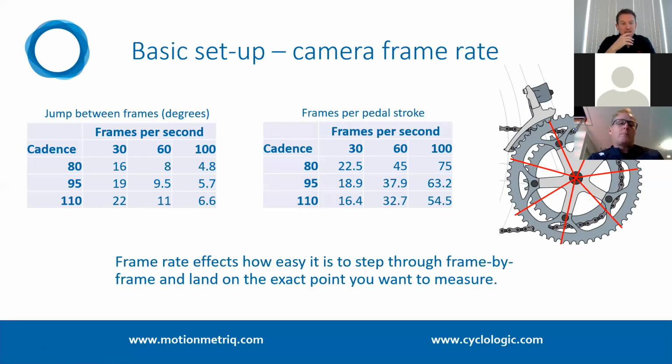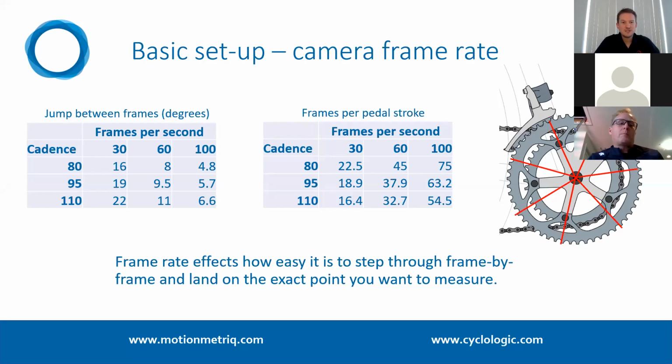On the left hand chart, we've got frames per second across the top, so that's the quality of the camera, and then the cadence on the left hand side. So if you're pedaling at 80 RPM and the camera is capturing at 30 frames per second, then these red lines on the diagram are going to be 16 degrees apart.